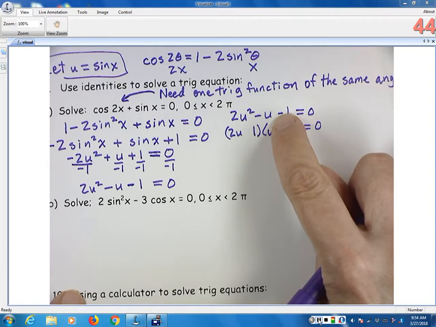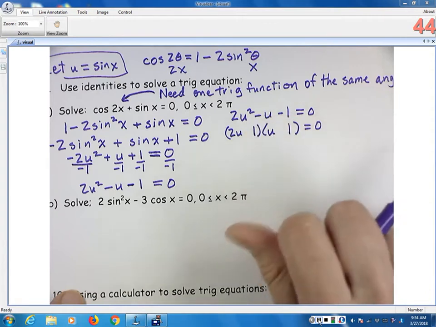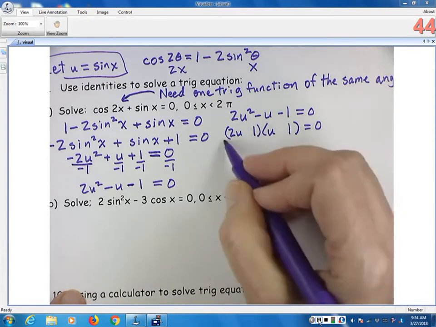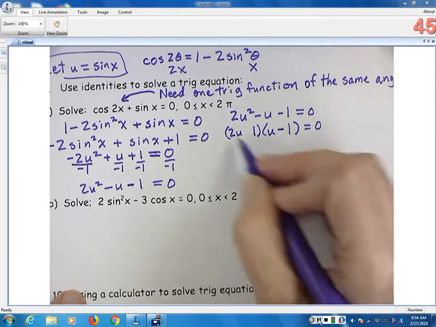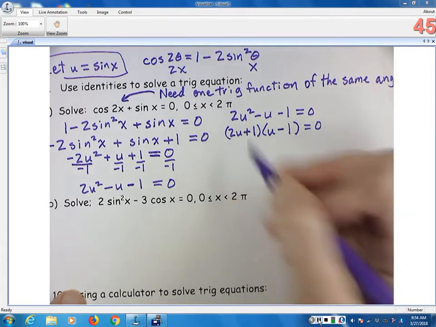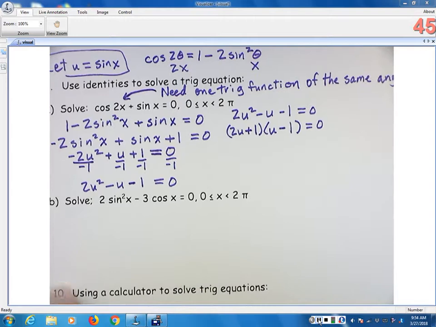And the bigger one's going to be negative. So when we FOIL, the outer term has to be minus 2u, the inner term has to be plus u. But you can factor on another piece of paper and distribute, make sure you got it right, if you struggle with that.